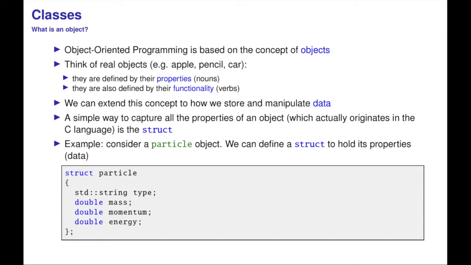We can define a struct to hold its properties, which would be data. For example, there would be a string, which would be the type, the mass, the momentum, and the energy. Those are very sensible ways, if you go to your particle physics course, to describe a particle at a moment with a given momentum and energy. So, that I can live with.